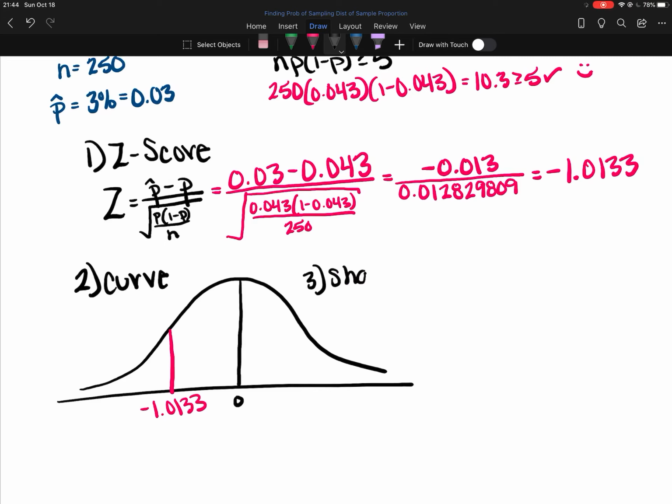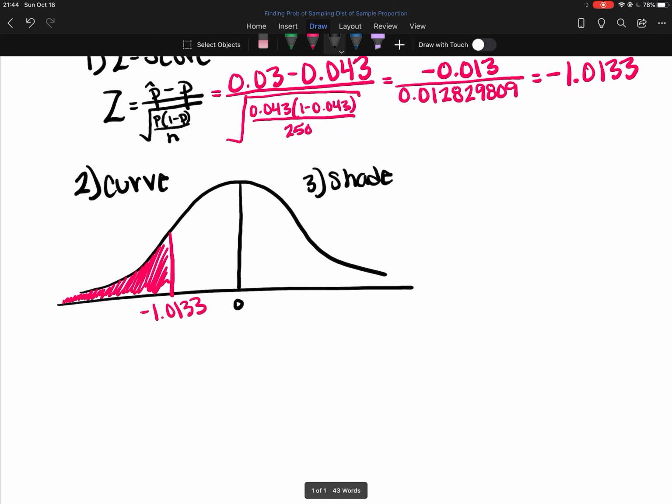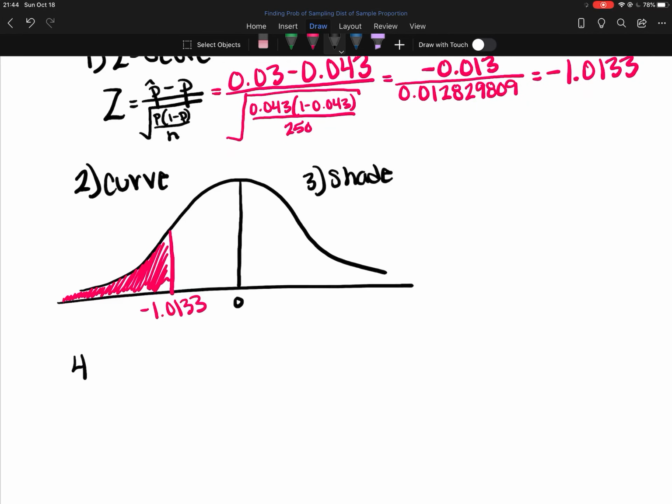So step 3 is to shade the area that we want to find on our curve. So we want to find the area less than negative 1.0133. And then we're going to find this area, which is interpreted as a probability.